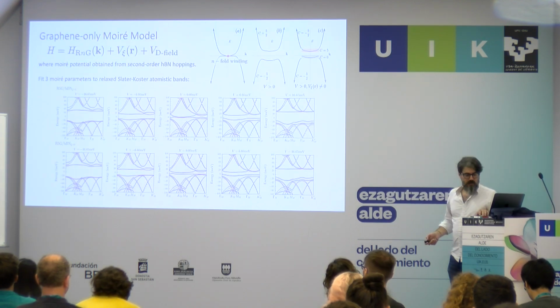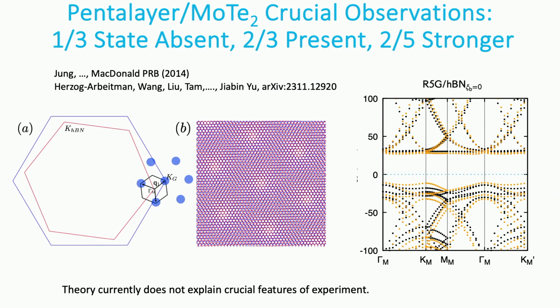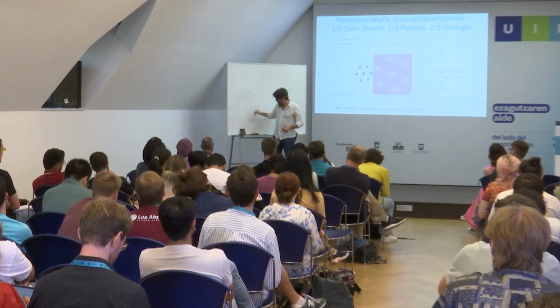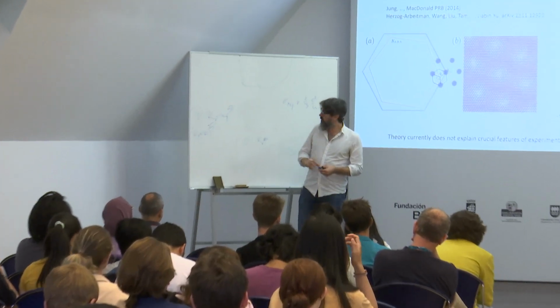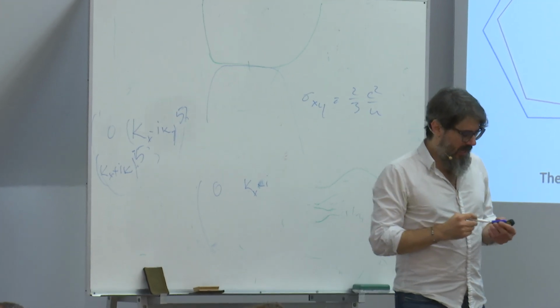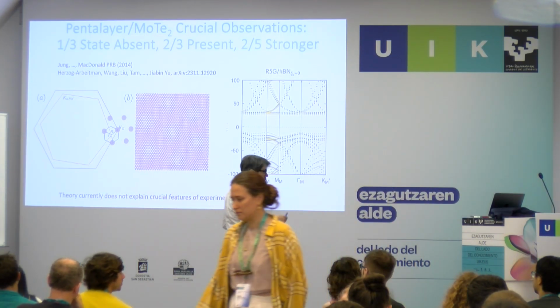So let me just explain some of this plot. Basically, I said that pentalayers gives you k plus ik to the fifth, or to the nth. But this is a gapless spectrum. The spectrum looks like this. Actually, forget about Moiré now.